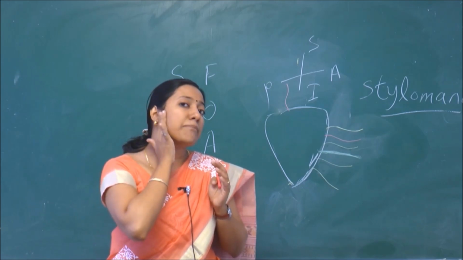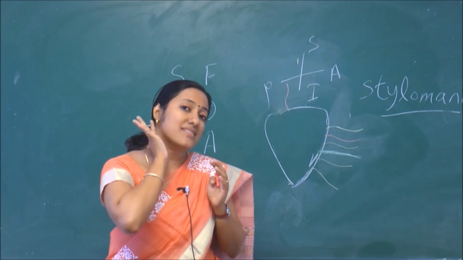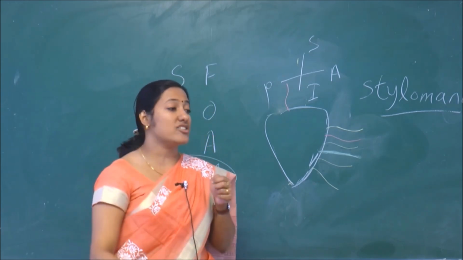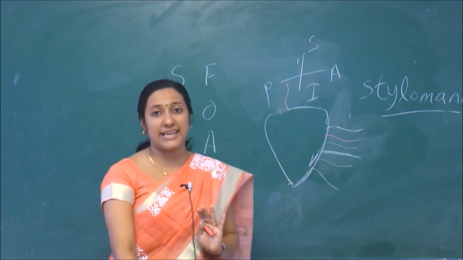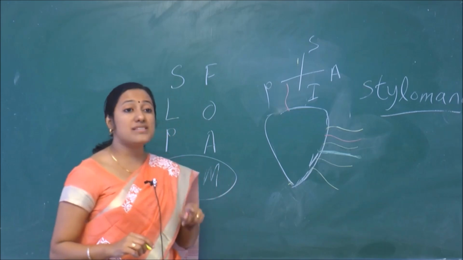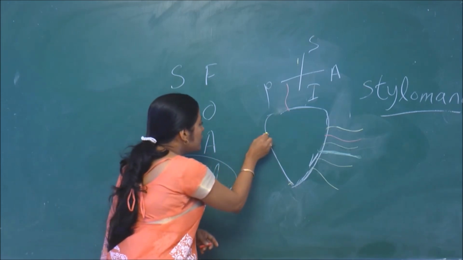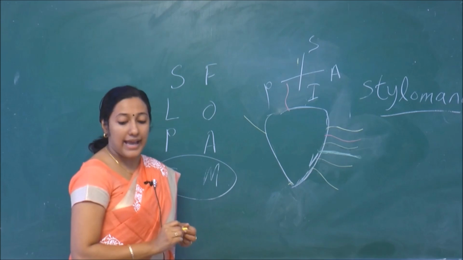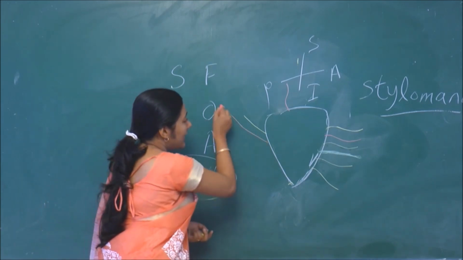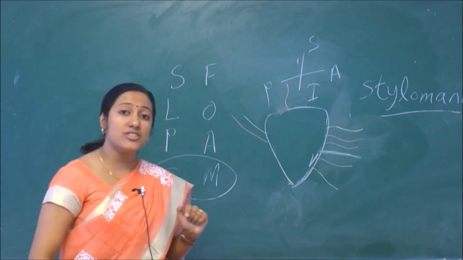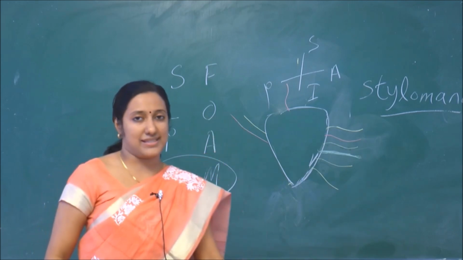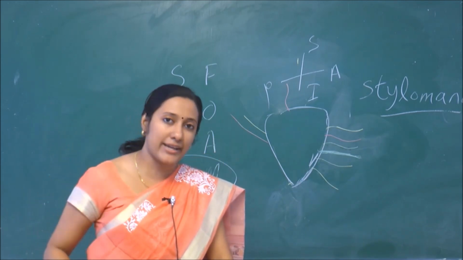So the posterior border of the parotid gland is resting on the sternocleidomastoid muscle, and the main structures radiating from the posterior aspect are nothing but the posterior auricular branch of the facial nerve and the posterior auricular vessels, which in turn come from the external carotid.